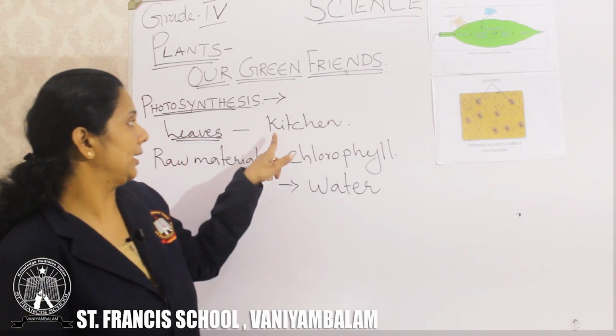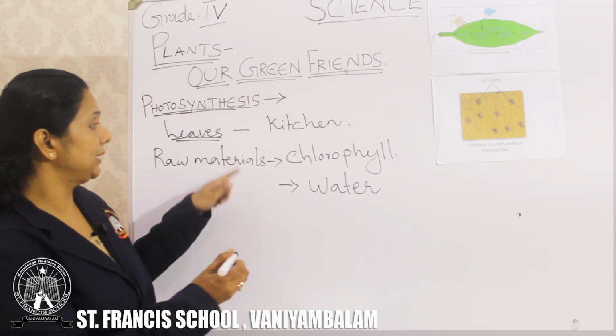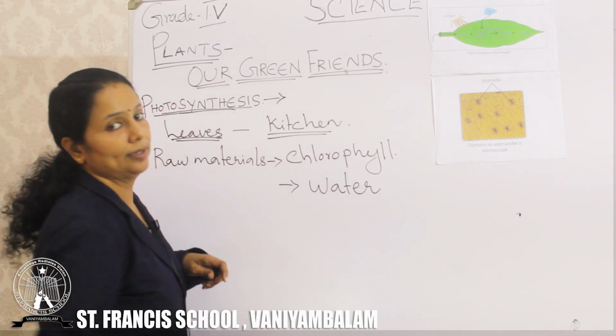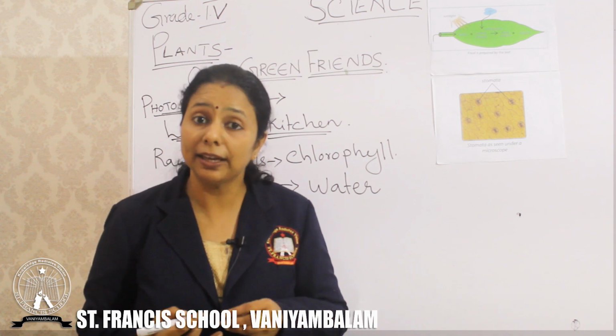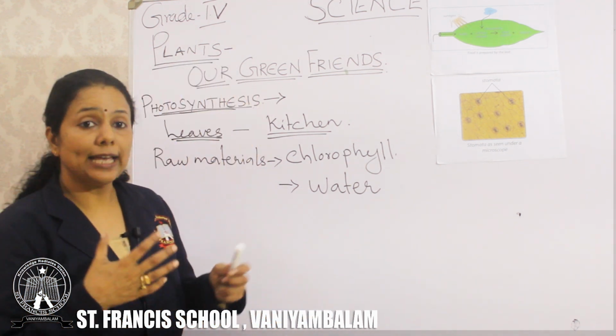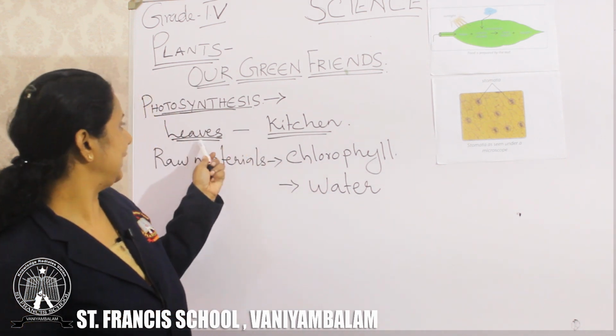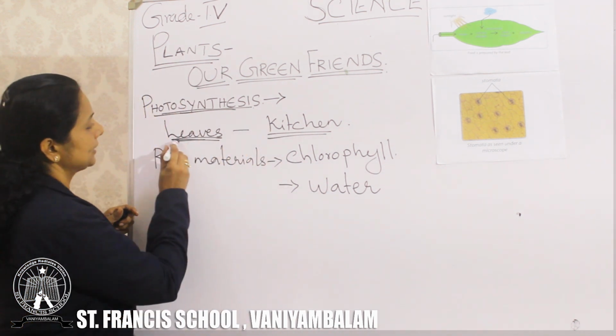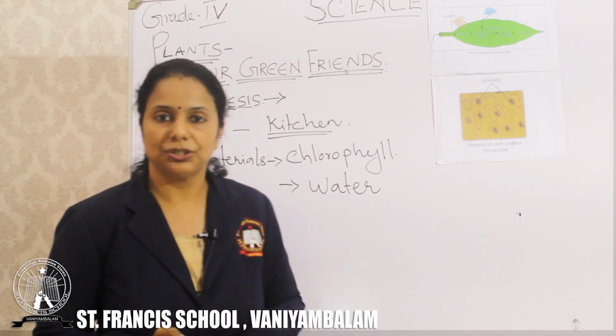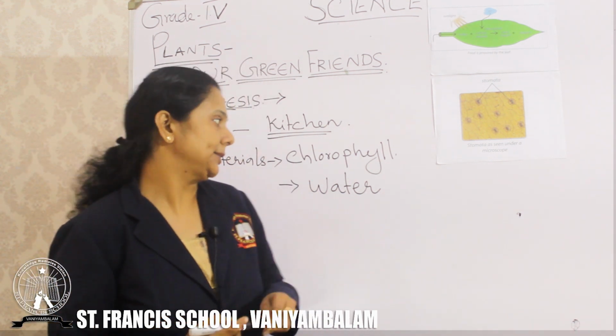That is where the kitchen is. See, all these raw materials should reach here in the kitchen, right? Then only the plants can make their food. So water is absorbed by the roots and transported to the leaves. That is the next raw material for photosynthesis.